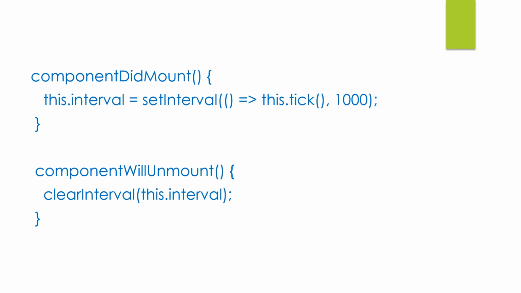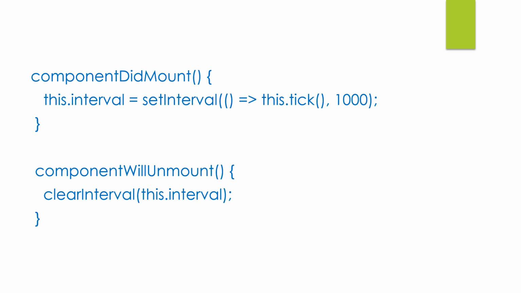Now coming to another method, componentDidMount. Here we are using the interval variable, and we are setting that interval to 1000. That means we know that 1 second is equal to 1000 milliseconds. So here we are using that logic to increment by 1000 milliseconds.